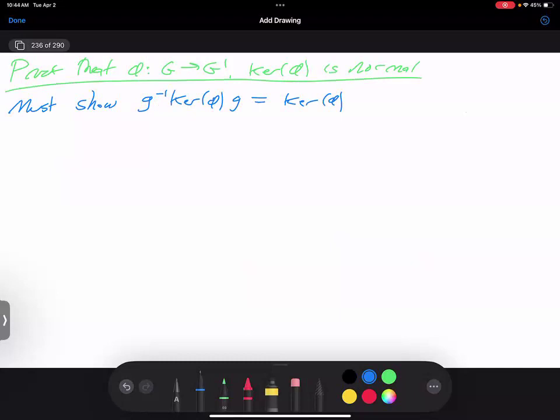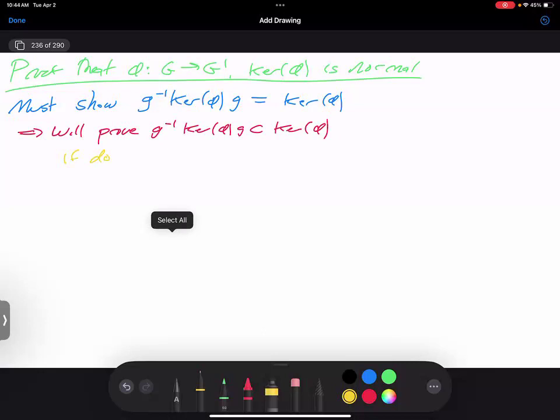Okay. So I claim it's enough to just do one direction. We're just going to do this direction. So we'll prove that g inverse kernel of phi g is contained in the kernel of phi. Why is that enough?